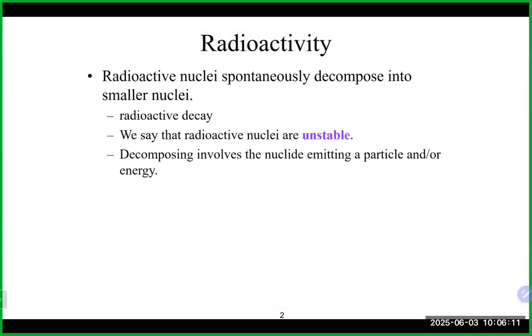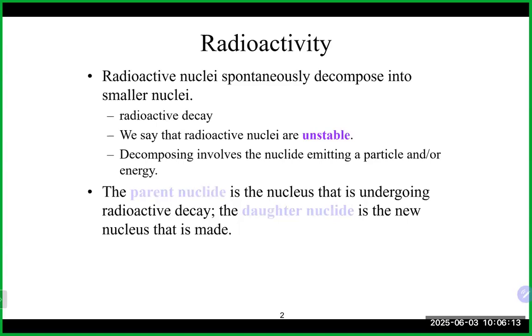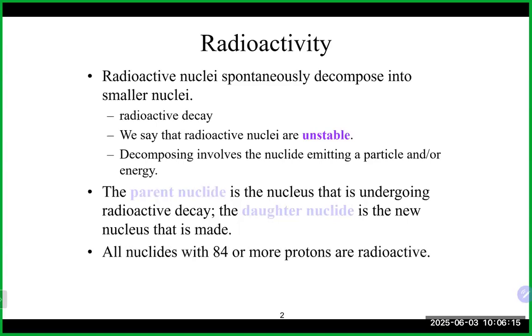So radioactive nuclei are nuclei that will spontaneously decompose into a smaller nucleus. Essentially, they will a lot of times continue the decay process until they hit something that is stable. When something is going through radioactive decay, the original nucleus is sometimes referred to as the parent nuclide, and what is made as a result of the decay process is sometimes referred to as the daughter nuclide.